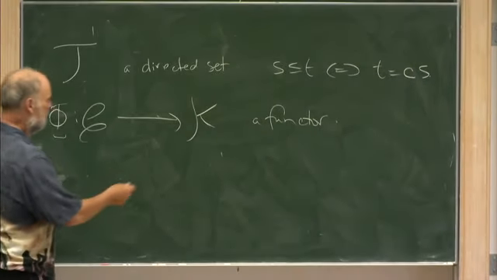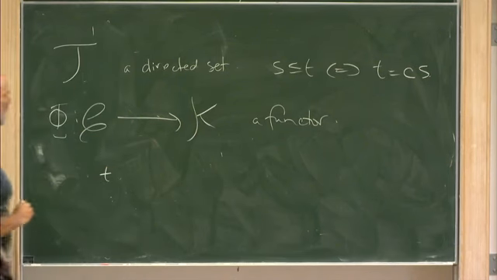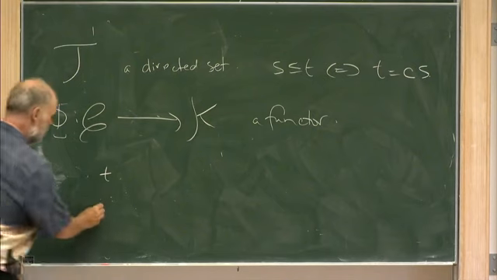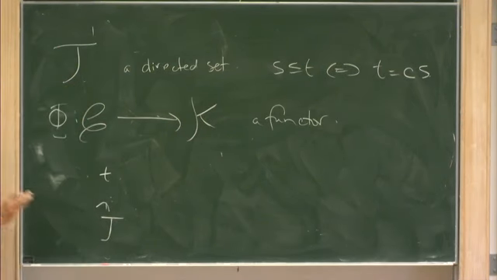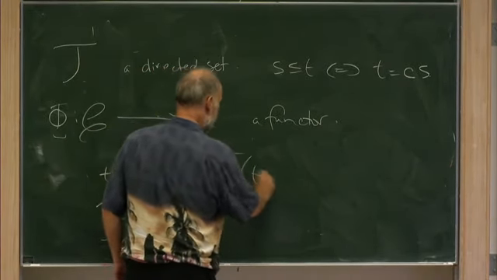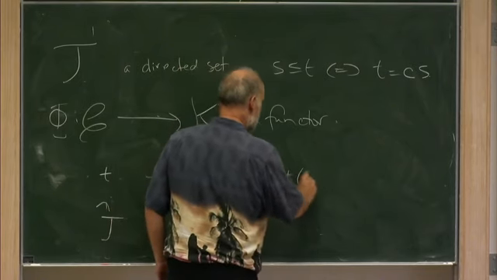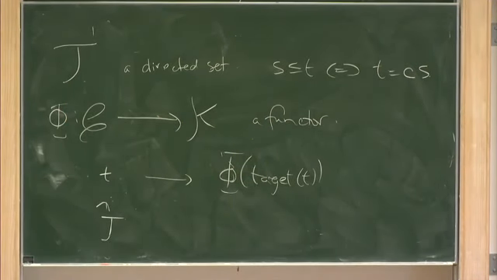So what we're going to do is just follow our nose. We're going to give T belonging to T, use phi. We've got to get a set, so we take the target of T, we take phi of that. Simple. Now the connecting maps, we just follow our nose.